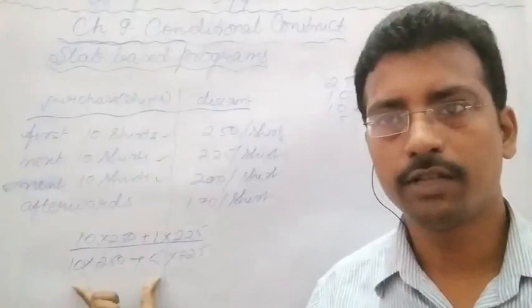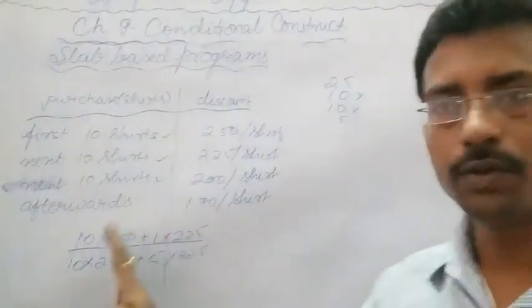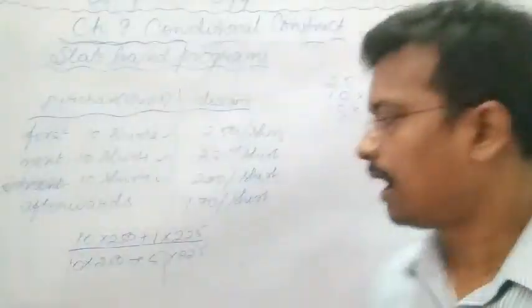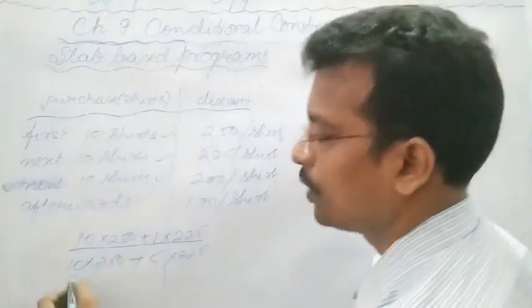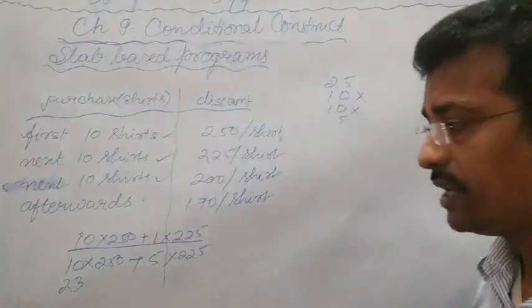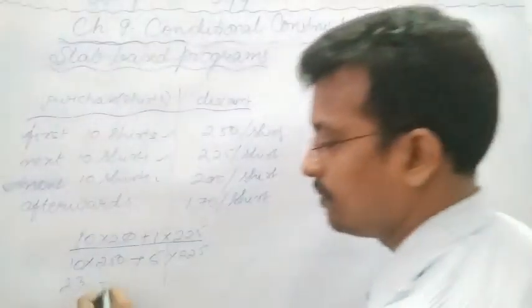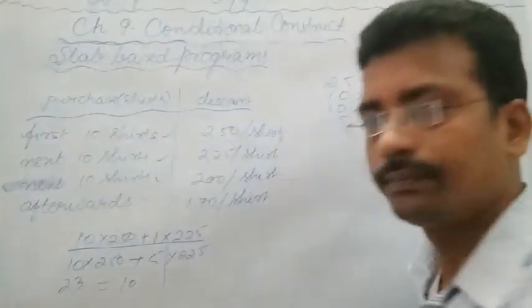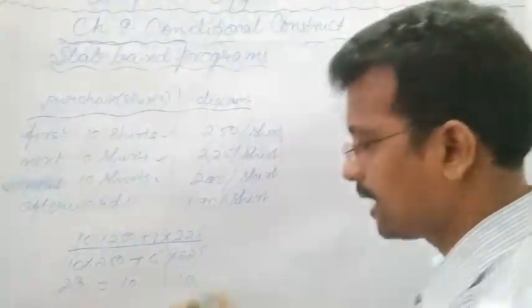Are you getting this logic? I am not writing the program till you understand the logic. After that, suppose someone has gone for 23 shirts. So how will 23 be broken? It will be broken into starting 10, after that 10 and then 3.